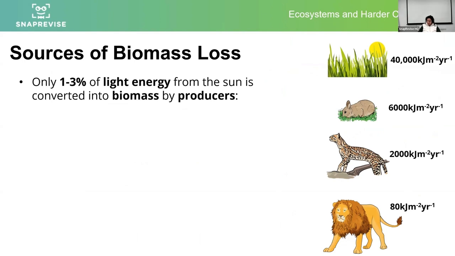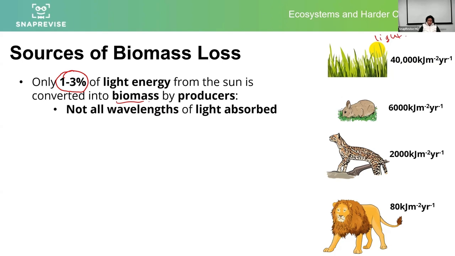What are the possible reasons why not all of the biomass is transferred from one trophic level to the next? In fact, it's a very inefficient process, with only 1 to 3% of the light energy from the sun being converted into dry biomass by producers.